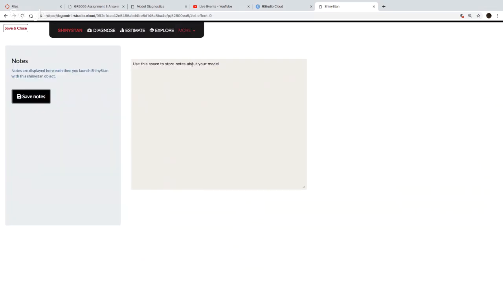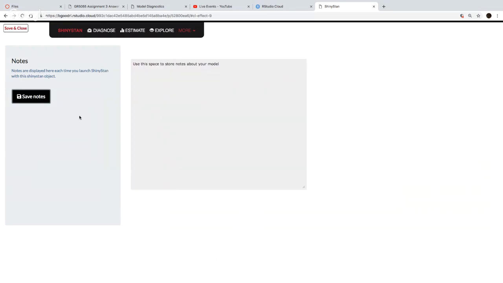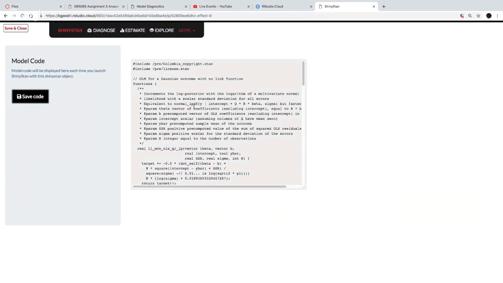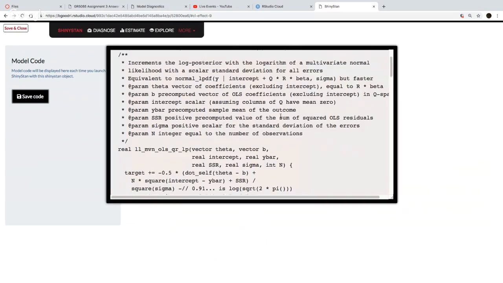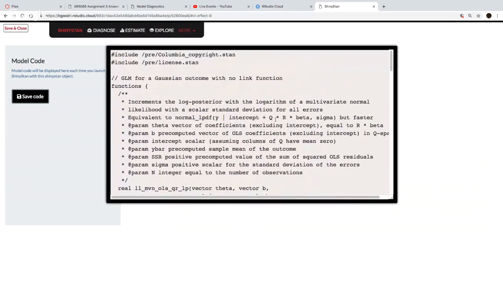There's a notepad where you can write yourself notes about a model in case you want to remember it. Also, it's not great in this case, but if you want to look at the underlying Stan code, you can. It's not really intended to be read by a person, particularly people who are just starting out with Stan.